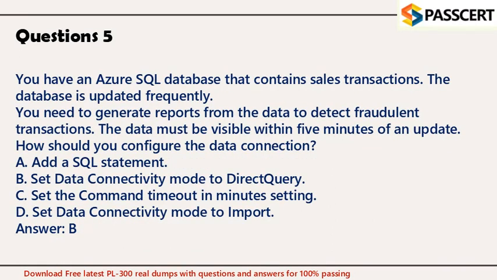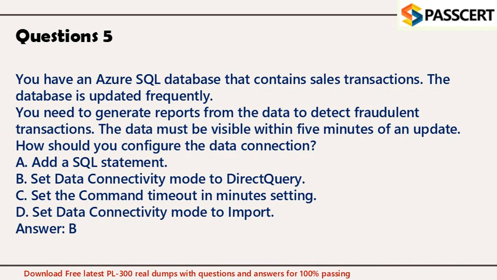5. You have an Azure SQL database that contains sales transactions. The database is updated frequently. You need to generate reports from the data to detect fraudulent transactions. The data must be visible within 5 minutes of an update. How should you configure the data connection?